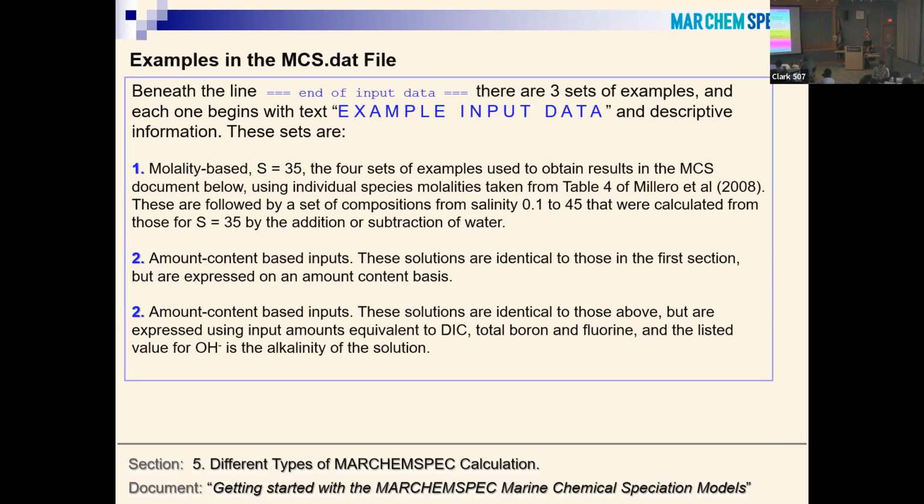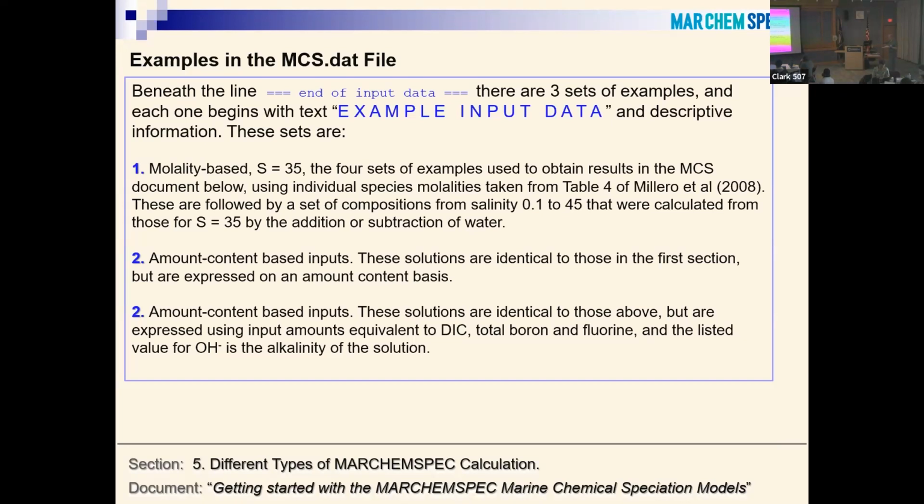The first one is all molality-based compositions. Salinity 35 seawater is the starting point. And there are 4 sets of examples which are used to obtain the results that we show in the manual. So we took the individual species molalities from that Malero paper and then adjusted them as we needed to.